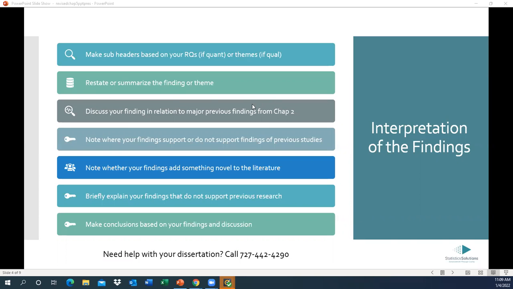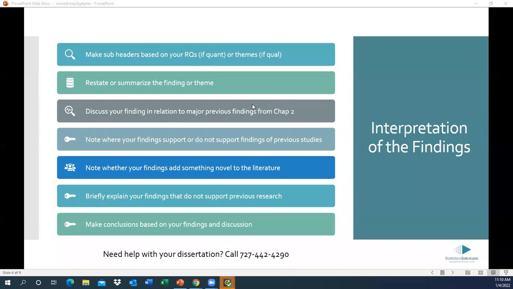If your findings support previous research, then you can make conclusions based on that, right? Then whatever you studied, that's the basis for a firm conclusion. If your findings don't support previous research, that suggests inconclusiveness.